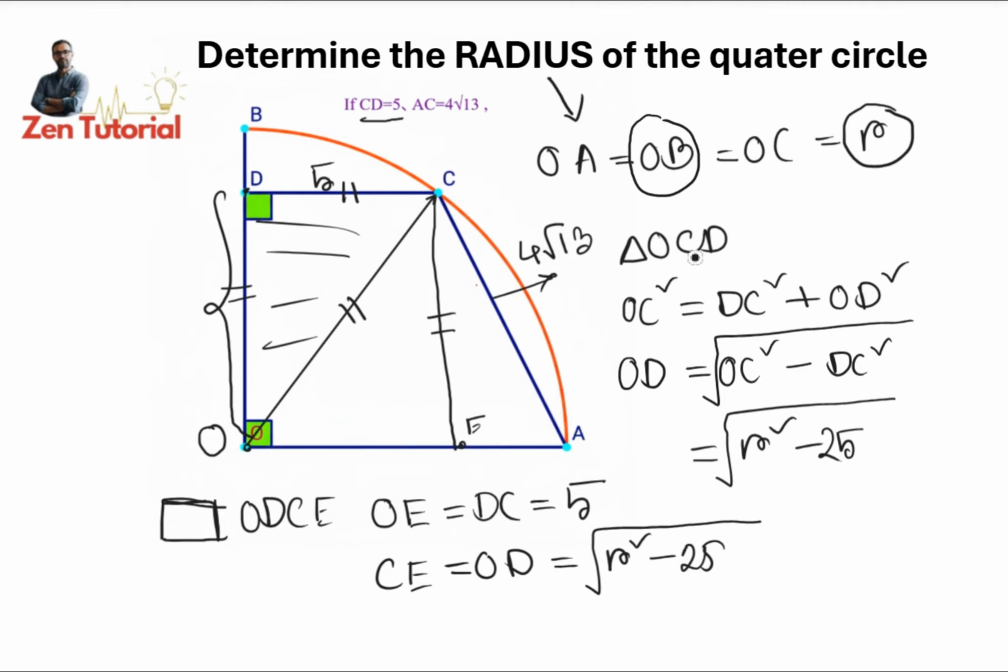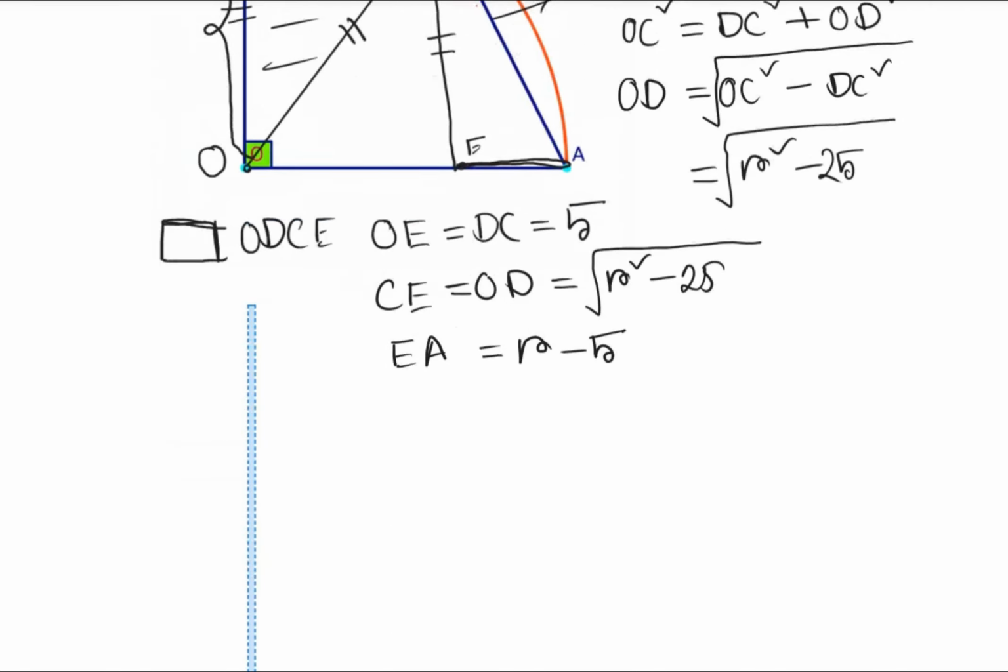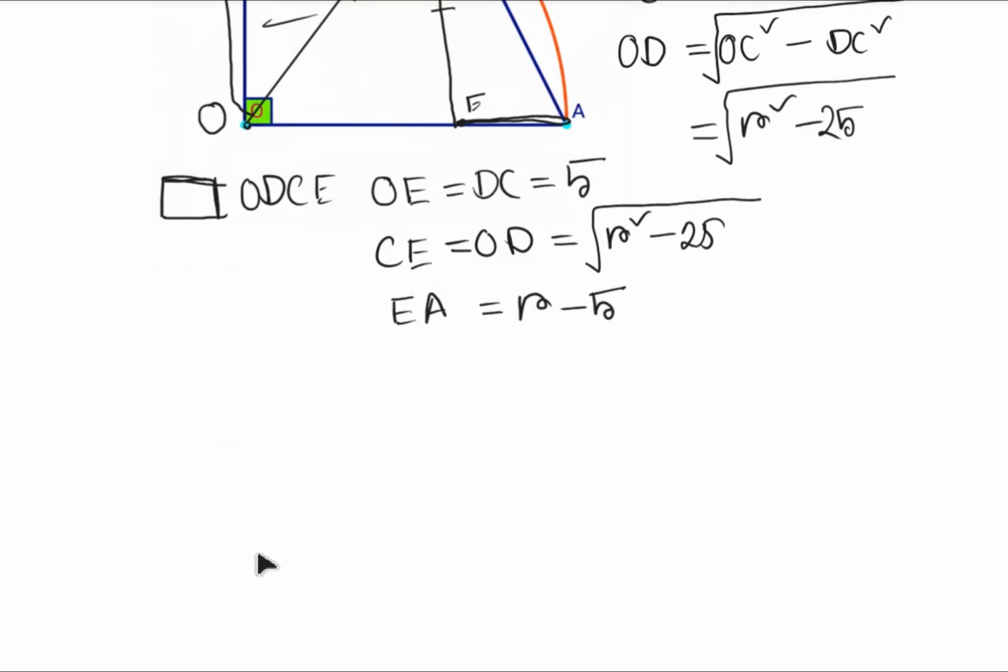And the length EA, up to this length, is actually R minus 5. Now we can say, from the triangle CEA.